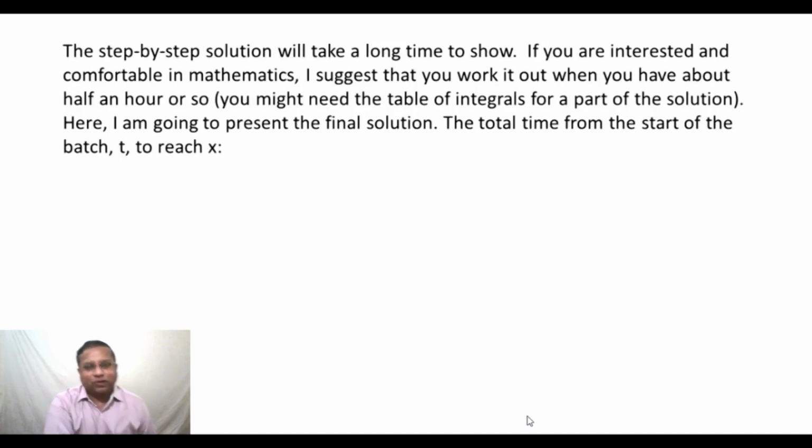The step-by-step solution will take a very long time to show, especially in the context of this course. This is probably going to take 45 minutes to show you all the algebra. So if you are interested and comfortable in mathematics, I would suggest that you work it out when you have about half an hour or so. If you're good in math, it won't take more than that.